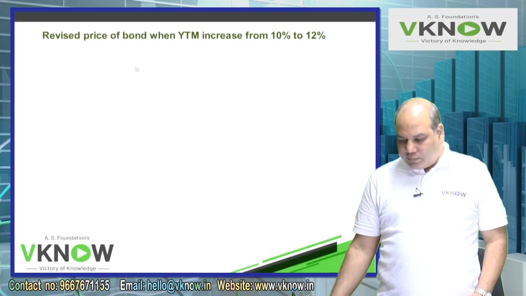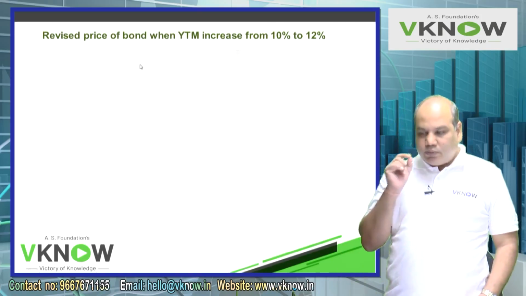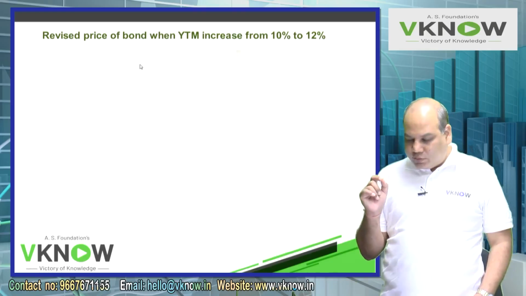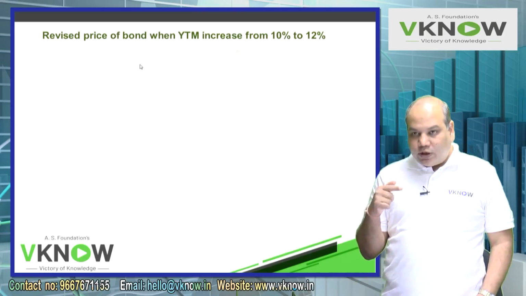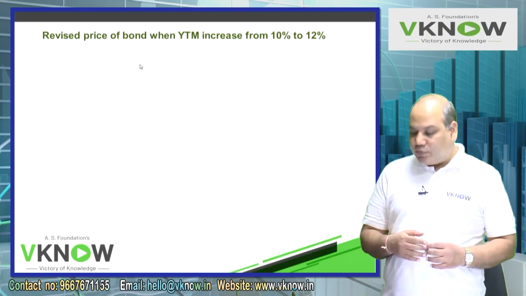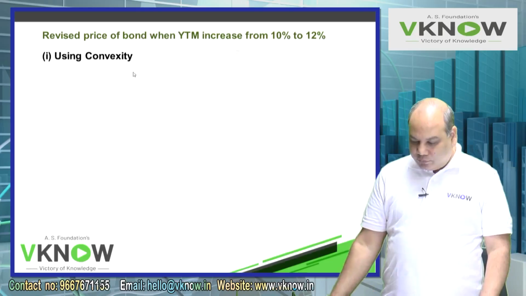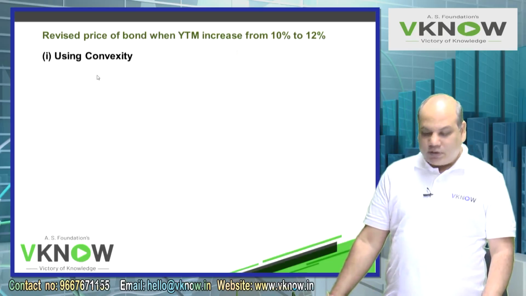So this basic calculation we have done. We have got modified duration, we have got convexity. Now we have to find the revised price of the bond when the YTM increases from 10% to 12%. So first we will solve by using convexity.